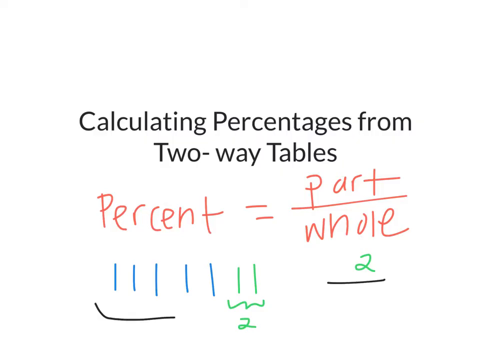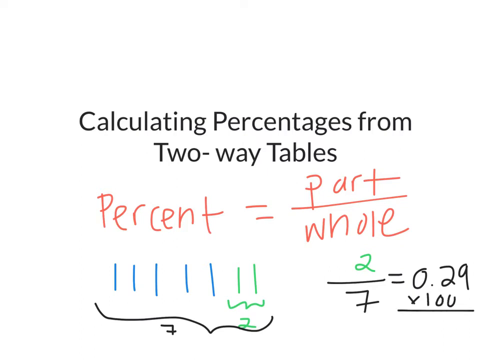In total, there are 7 tally marks, so it would be 2 out of 7, which I would use my calculator to get 0.29. And then to know the percentage, I would multiply that by 100, and that would tell me that 29% of the tally marks were green.